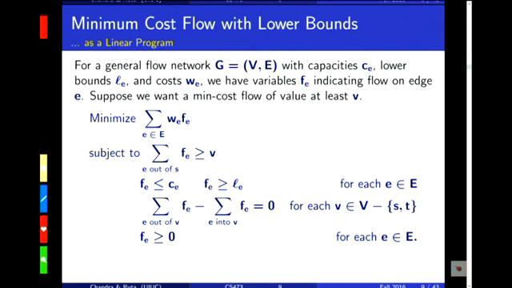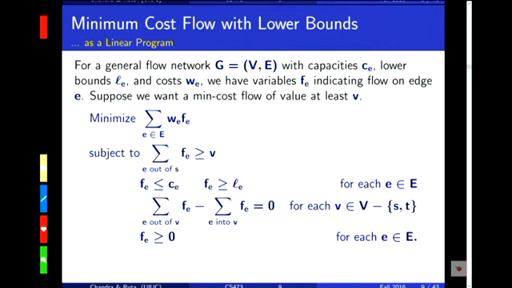Imagine a traffic network: as more and more traffic goes through a road, the congestion and the delay time may increase. So WE is the cost of a unit amount of flow on edge E. Then you want to minimize the total cost of the flow.